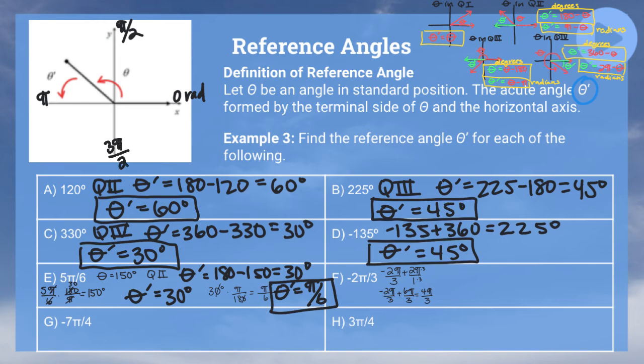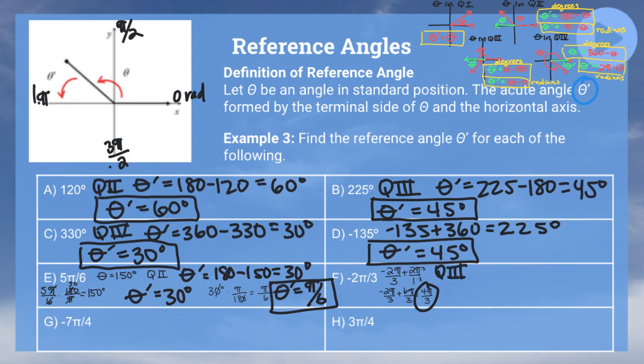So notice here that our radians here is 4 pi over 3, which would put us between pi and 3 over 2 pi, because 4 over 3 pi is less than 3 over 2. So that would put us in quadrant 3.